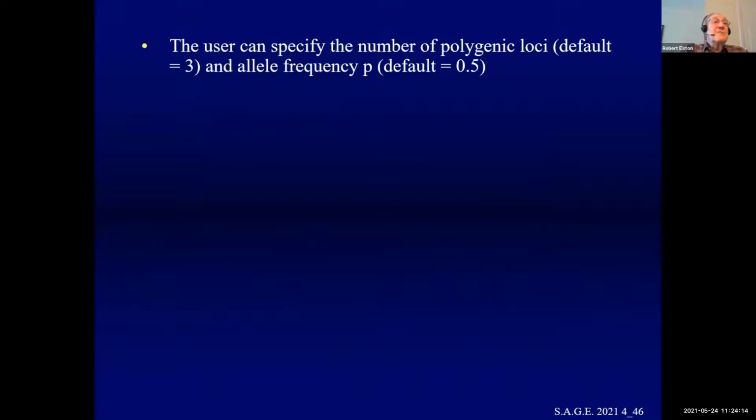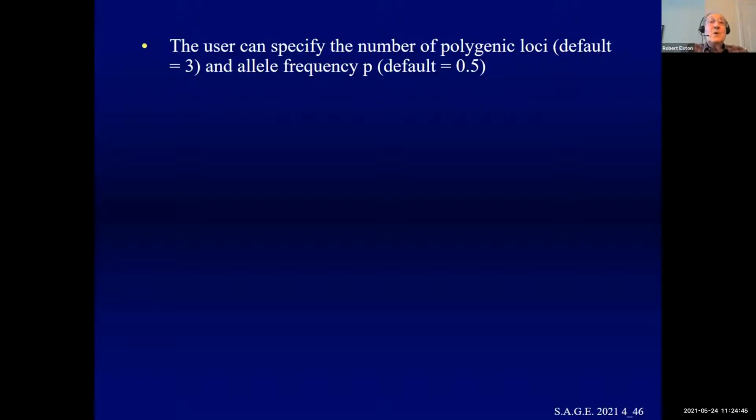The user can specify the number of polygenic loci. The default is 3, and also the allelic frequency P, the default is 0.5. I've no idea what will happen if you change P. Somebody should try it sometime. Certainly, once you've used 3, right at the end, when you've decided on a decent model, you can try 4, and my guess is you'll find very little change.